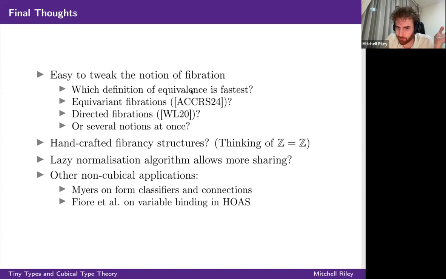There are several different ways of defining equivalence, and what you could do is write different proofs that the glue type is fibrant, one for each version of equivalence, and run the same computation with each of them and see which one works best. I think that would be cool.